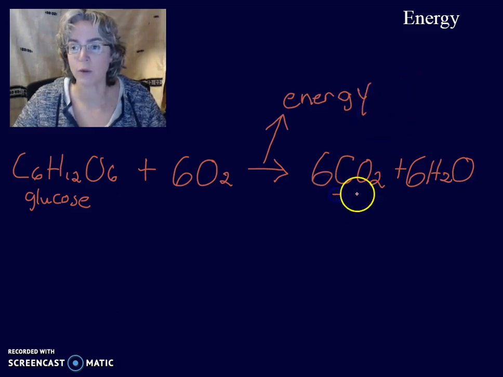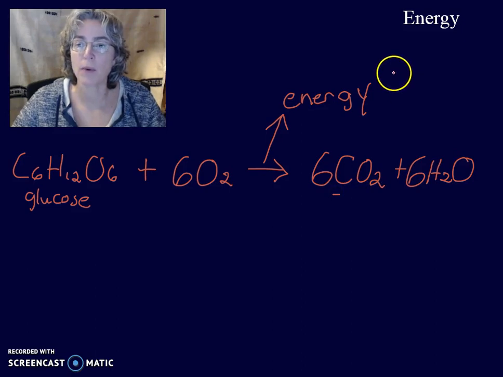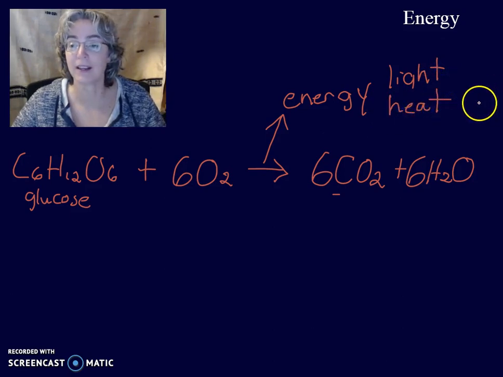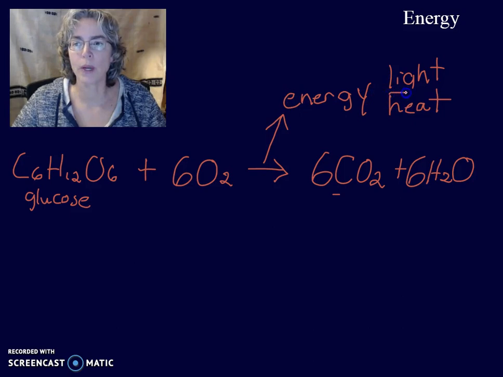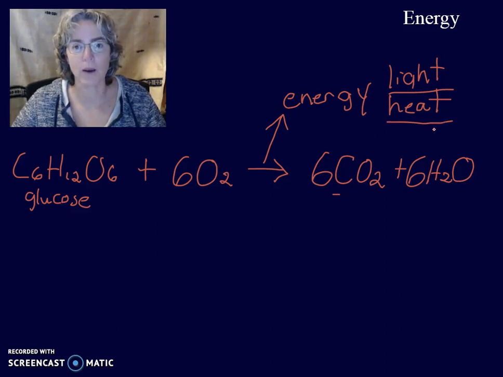And the products would be carbon dioxide and water. We would get the energy in the form of light and heat, an explosion. But for life, we don't want the energy in the form of light, and we don't want it in the form of heat, although some of it is going to come off in heat. We want it in usable energy.